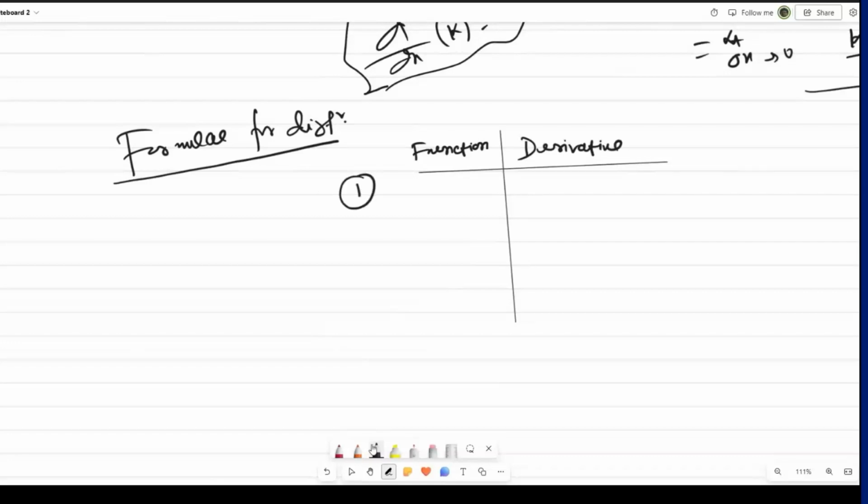Number 1, just as we have learned here. We write the function only. Don't write the derivative here. Function is y equal to x to the power n. Derivative dy by dx, I showed you how it is n x to the power n minus 1.